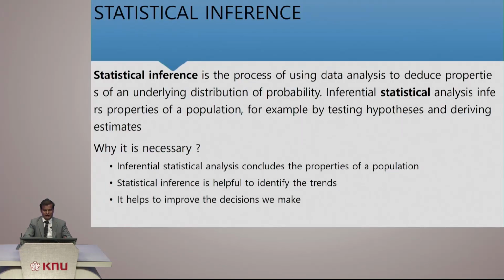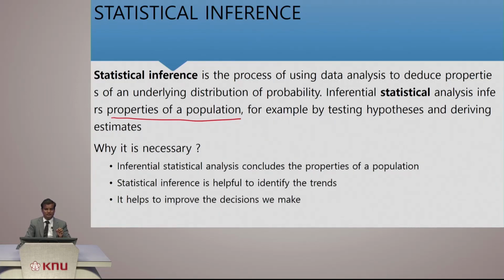Before we understand the properties of the population, we have this new term called statistical inference. Statistical inference is the process of using data analysis to deduce properties of an underlying probability distribution.